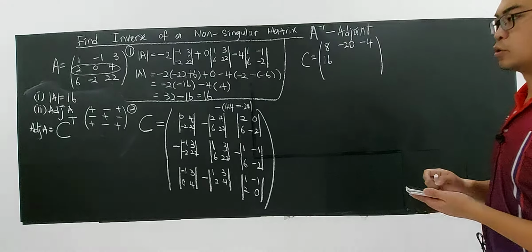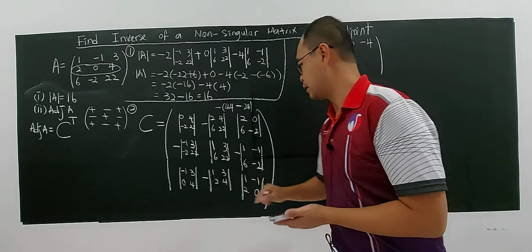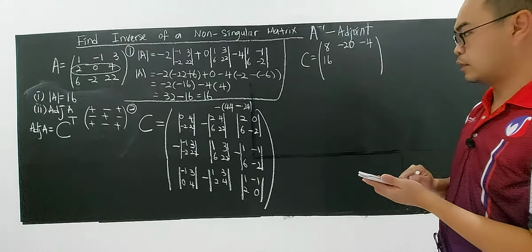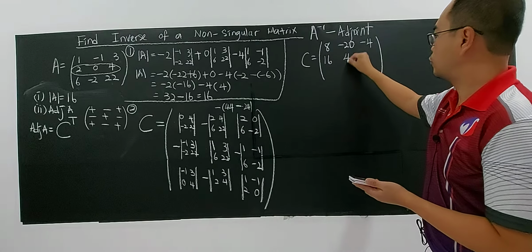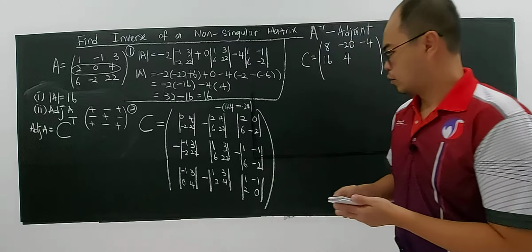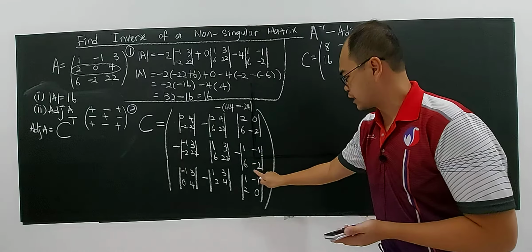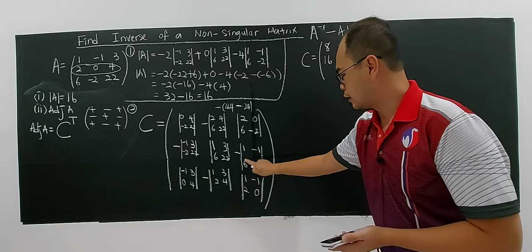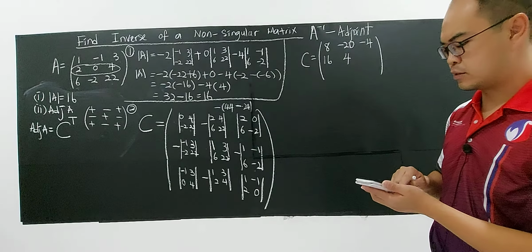Right? So again, 22 minus 18, you have 4. Followed by 1 times negative 2, negative 2 minus negative 6, you have negative 2 plus 6, right?